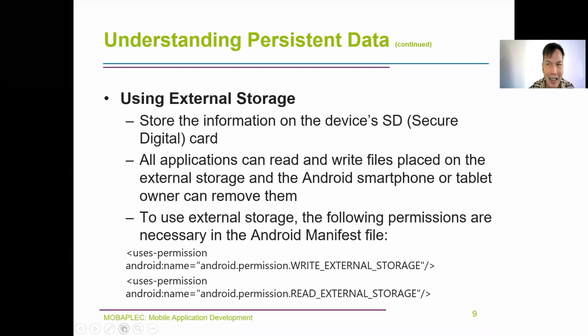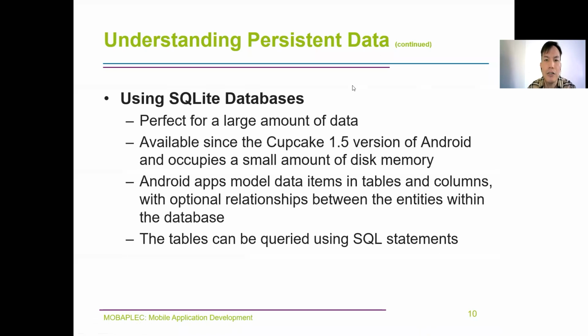Nowadays, it will show the pop-up message on your screen if you plug your keyboard on your tablet or on your mobile devices. It will automatically detect. But if you're developing using your laptop, you need the permissions to access the external storage. Okay?